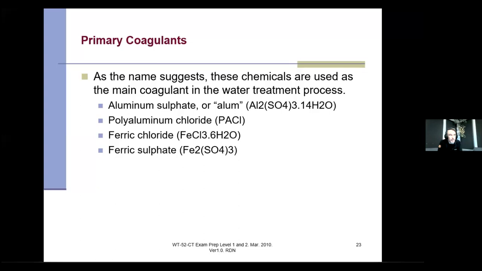These are some different types. There's aluminum sulphate, also called alum, and polyaluminum chloride, which again is a different form of this. Those are two widely used aluminum ones. There's ferric chloride and ferric sulfate, and those are very popular iron-based ones.